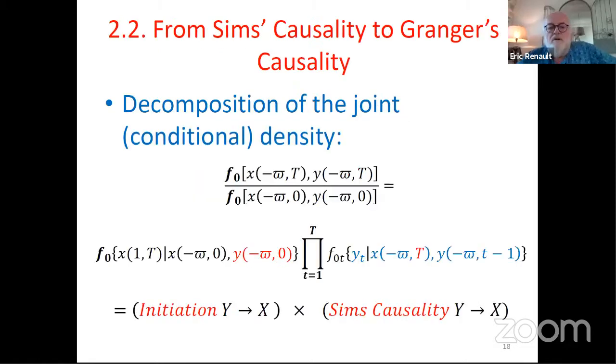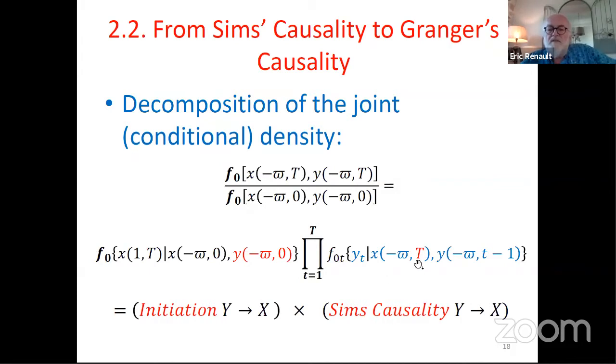Now, what is the connection between Sims and Granger non-causality? If you do a very elementary decomposition of the joint density, I'm basically thinking about the initial condition of my process. I do not maintain any Markov assumption or stationarity assumption or whatever. If you look at this conditional density given the initial values, you realize there are two parts, because you can always factorize the joint density like that.